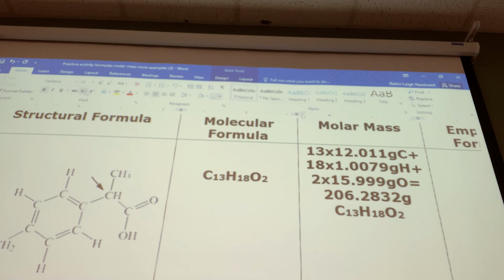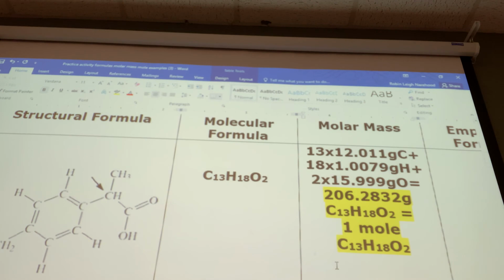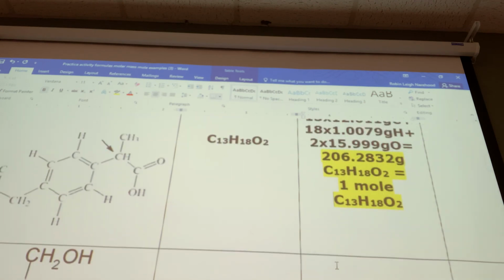And that equals 1 mole of the whole thing. So the molar mass would be its atomic mass in grams, and that equals 1 mole, this new unit that we're going to go over, mole. So it ends up being a conversion factor. Okay? So I want you to do the same thing for the fructose.